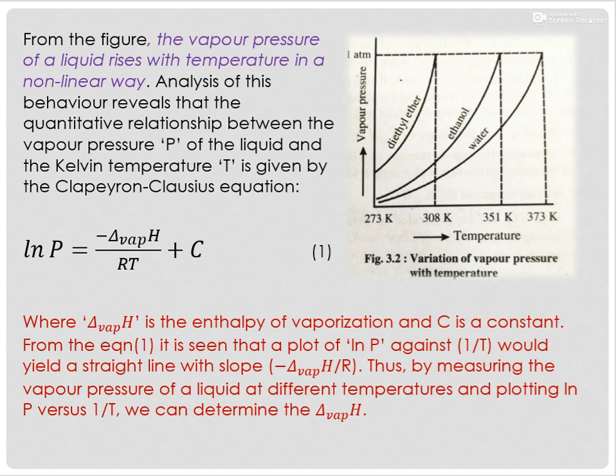From this equation, a plot of ln P versus 1 by T would yield a straight line with a slope of negative delta vaporization H by R. Thus, by measuring the vapor pressure of a liquid at different temperatures and plotting ln P versus 1 by T, we can determine the delta vaporization H, that is the enthalpy of vaporization.